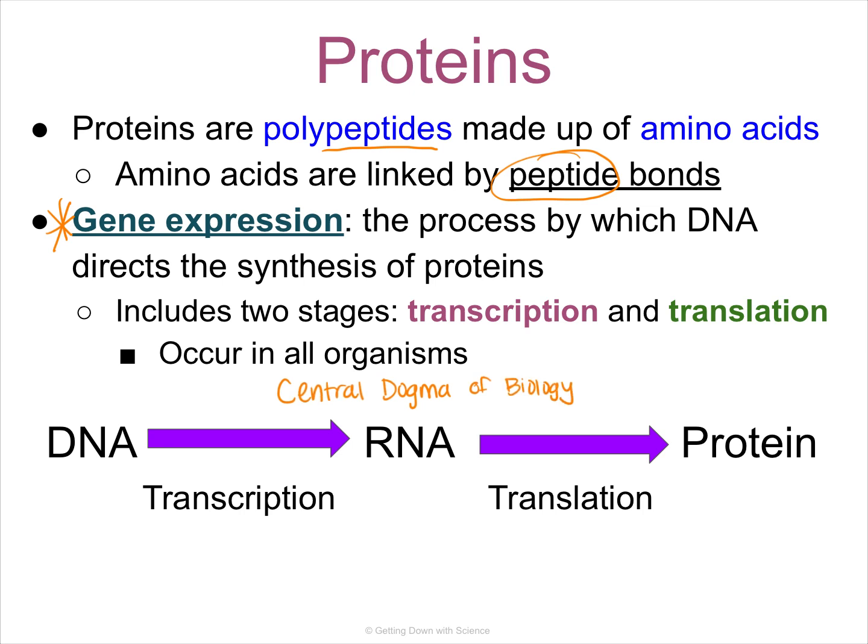A central dogma is a widely held set of beliefs, something that a big group has agreed upon to be true. And so the central dogma of biology is that, in order to get proteins, we start with DNA, then we go to RNA, then from RNA to proteins. The process of going from DNA to RNA is called transcription, and the process of going from RNA to proteins is called translation. This lesson is going to focus on transcription.